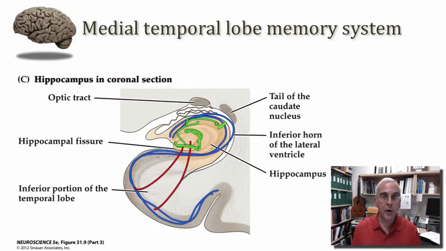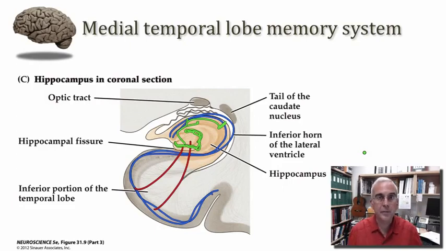A memory, after all, is simply a permanent record. So something is changed in the structure and function of circuits that enable the storage of memory. And we know that the hippocampus is an essential structure in this medial temporal lobe memory network that is essential for the acquisition and perhaps also the recall of declarative memory.